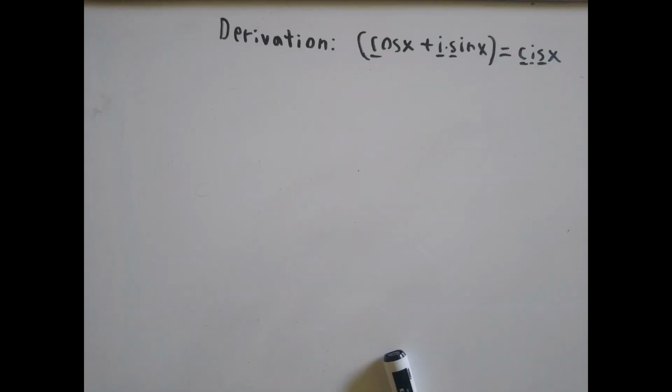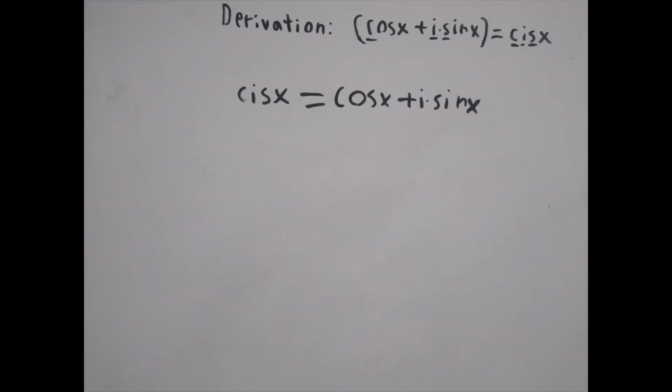Here is the derivation of Euler's formula, which is e to the ix equals cos x plus i times sine x. Also, cos x plus i times sine x can also be written as cis x. First, set cis x equal to cos x plus i times sine x.